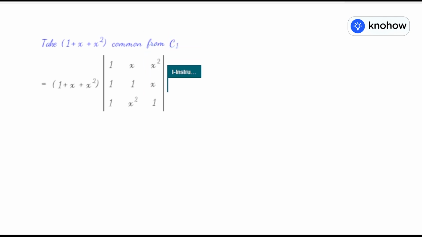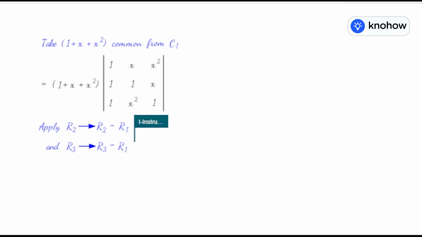And again you are getting the same situation. You have got 1, 1, 1 in column 1, so what should you do? Apply R2 minus R1 and R3 minus R1, which will give you two zeros. Replace R2 by R2 minus R1 as well as R3 by R3 minus R1. Already the factor 1 plus x plus x squared is common.